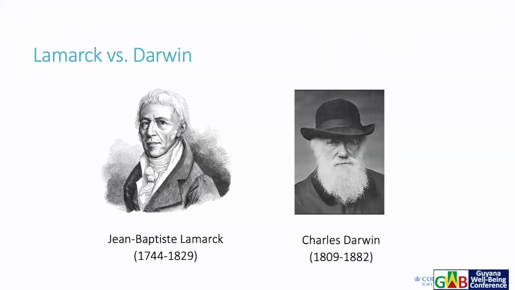You might remember that at some point in your education, you might have heard of two conflicting theories about evolution that were popular 200 years ago. One was championed by Charles Darwin, the one that we're really familiar with, and one by a French scientist by the name of Jean-Baptiste Lamarck.